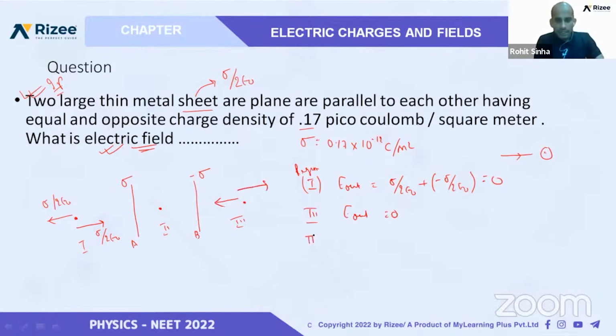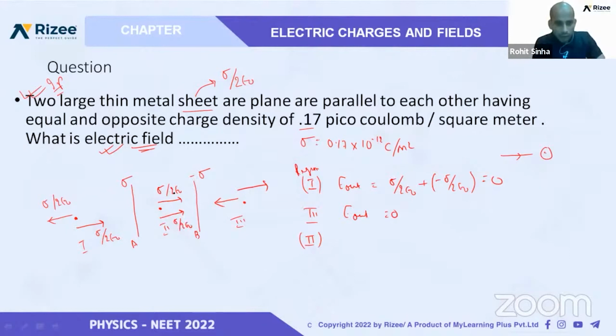Now the second region, in between the two plates, what will happen? For plate A, the electric field will be this side, sigma by 2 epsilon naught, and for plate B, the electric field will be towards B, sigma by 2 epsilon naught.